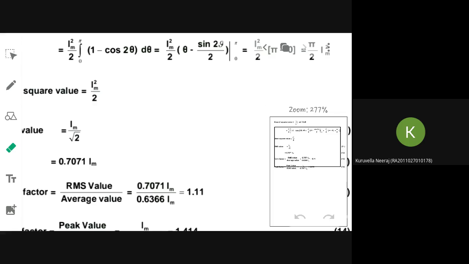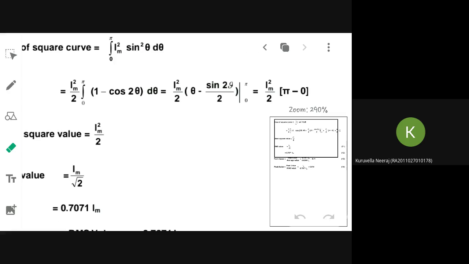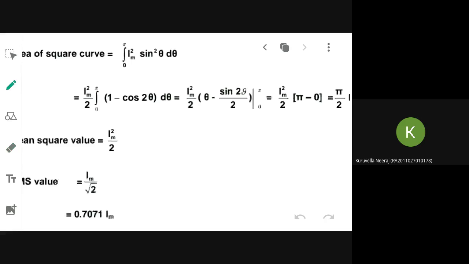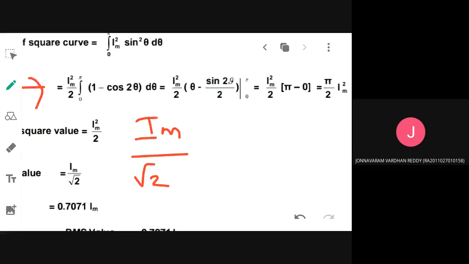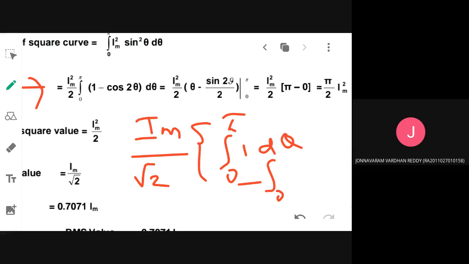Now, what's the answer for that? Tell me. Same way. So Im divided by the square root of 2 you will have. Then 4, then integral 0 to pi of 1 into d theta minus integral 0 to pi of cos 2 theta d theta.